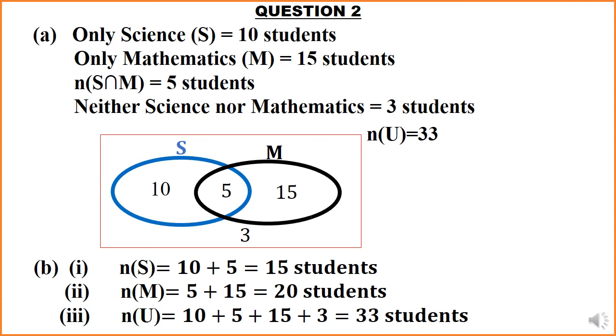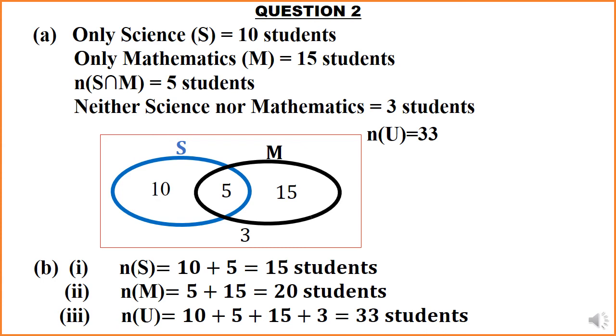Now let's come to the B. I, which is n(S), is the same as the number of science students. It means that everything that we can see in the blue circle belongs to science. So we add 10 and 5, and this has been given as 15 students, as we can see from the diagram for the blue circle.